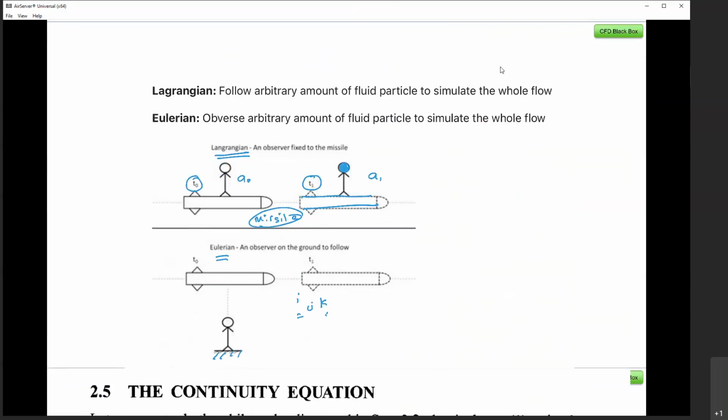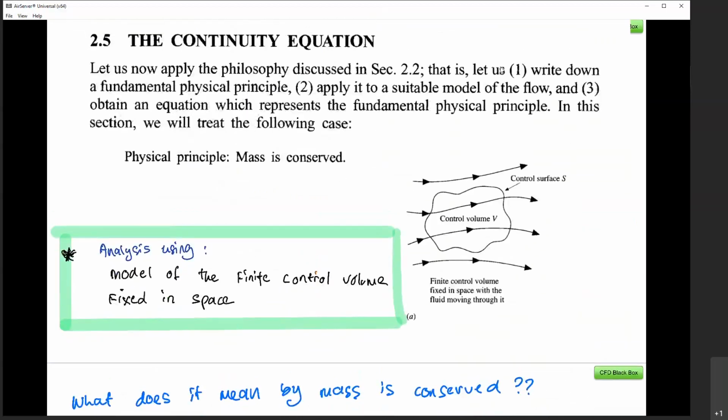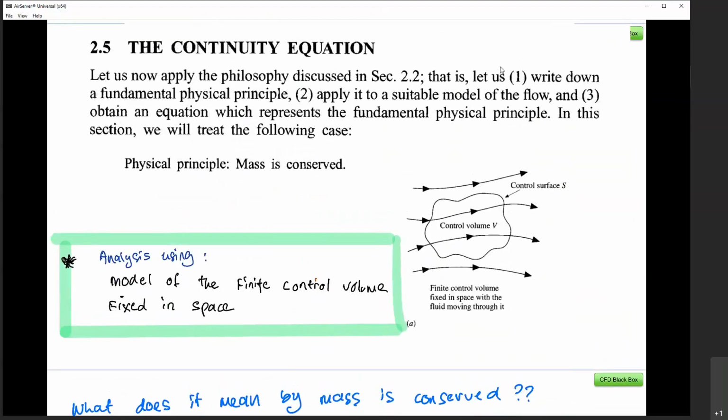So in Eulerian, the observer will observe an arbitrary amount of fluid particles to simulate the whole flow.